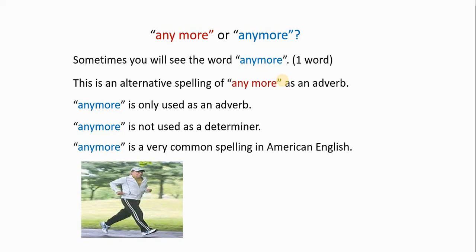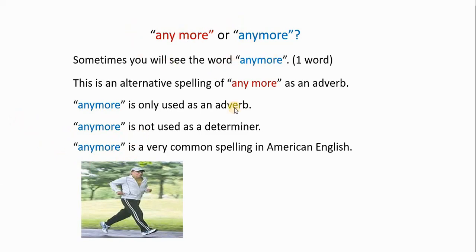anymore is a very common spelling in American English. So this is only really used in American English. So Americans use this as the adverb. They don't really use this form in British English. We use this one.